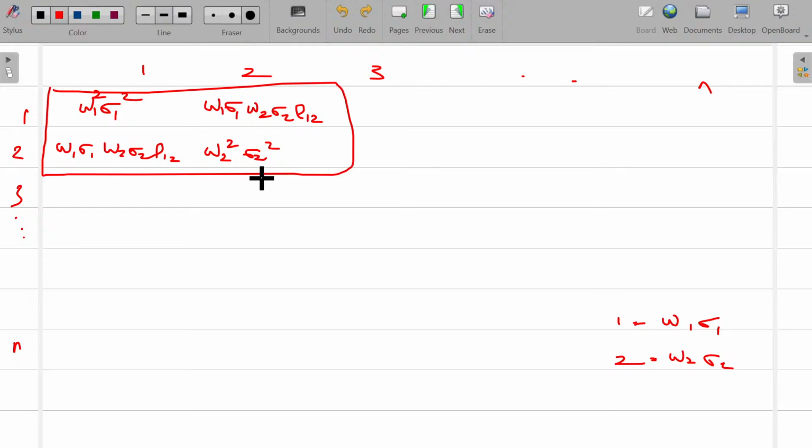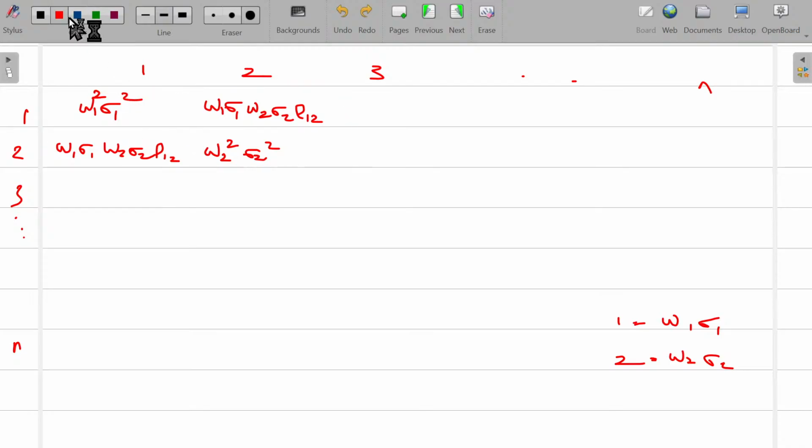In case of 3, what happens? Here W1 standard deviation 1, W3 standard deviation 3, correlation 1 and 3. Here W2 standard deviation 2, W3 standard deviation 3, correlation 2 and 3.